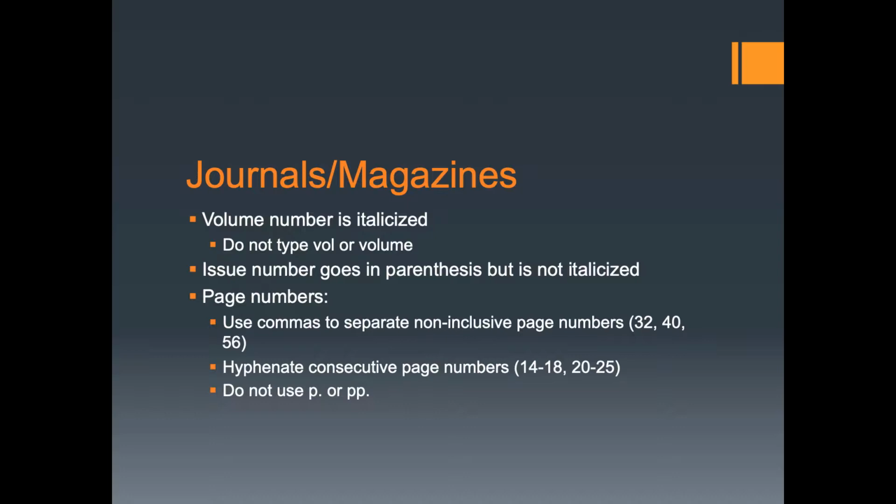Volume numbers are always written in italics, and then the issue numbers are not written in italics, but they're written in parentheses. Never use P or PP. You simply hyphenate the page numbers. If there are consecutive or different page numbers, such as 14 through 18, comma, 20 to 25, if it is like that.